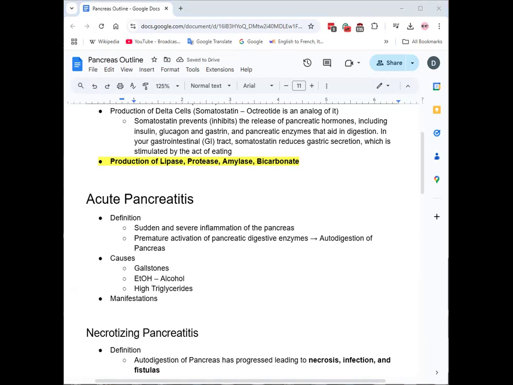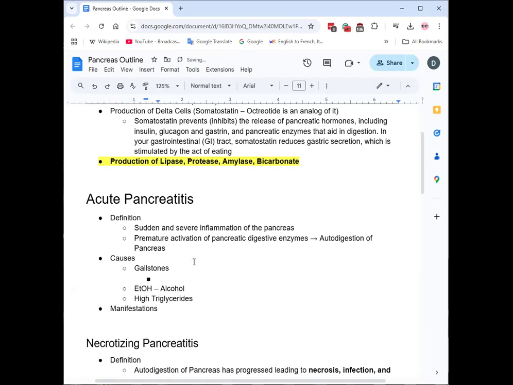And for some of the reasoning, gallstones have the potential to block the CBD, the common bile duct, leading to the backing up of enzymes.